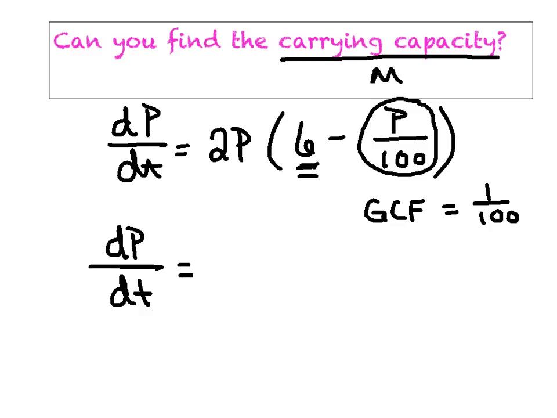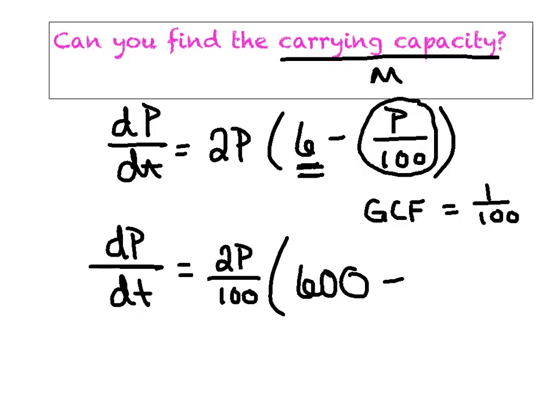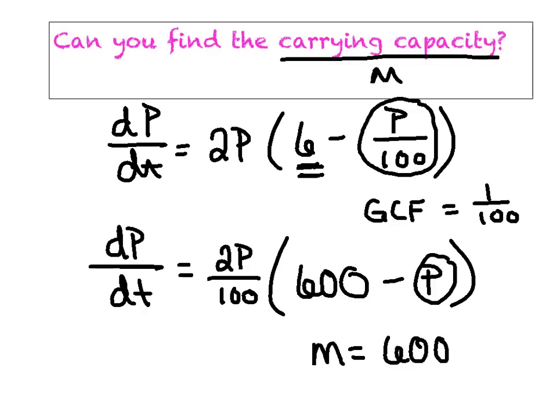So as I factor the 1/100th out, we get 2 times p over 100, because we pulled that out. This 6 becomes a 600 minus p. Now that this term became just a p, now we can say that m equals 600. That's our carrying capacity.